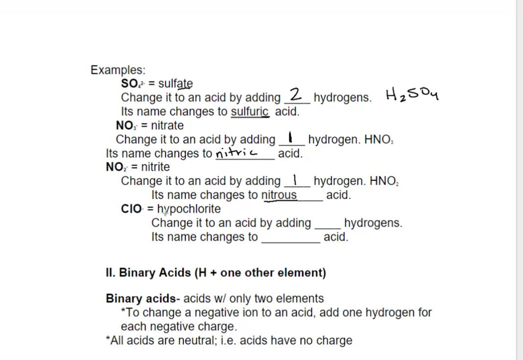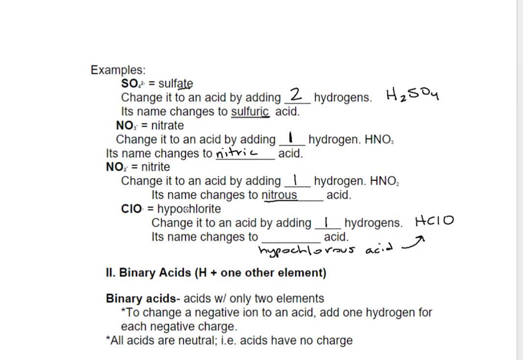ClO minus is hypochlorite. The ite ending is going to be dropped. I add 1 hydrogen and make it HClO, and that is going to be chlorous. Whoops, I didn't leave myself room here. Let's write it down below. That is going to be hypochlorous acid.